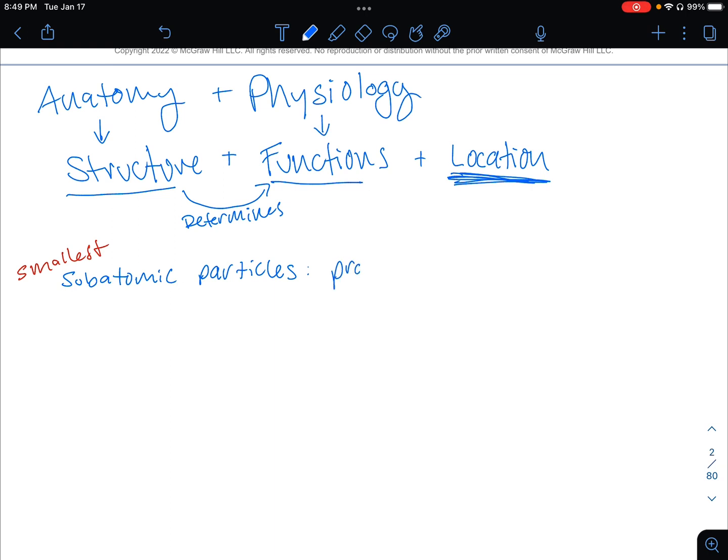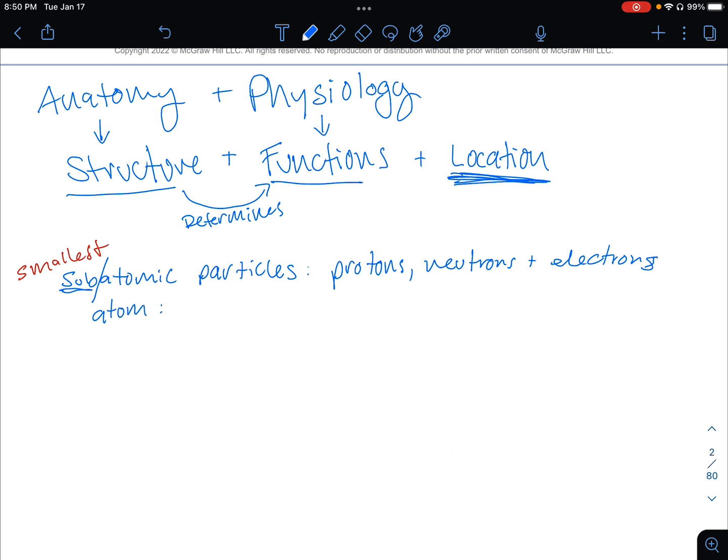Yes, our protons, neutrons, and electrons. These are going to be the small particles that make up something. We said they are sub, so they are below. If they are smaller than, what is our second part of the word? Atomic. So if we put all of these particles together, we are probably going to get an atom.